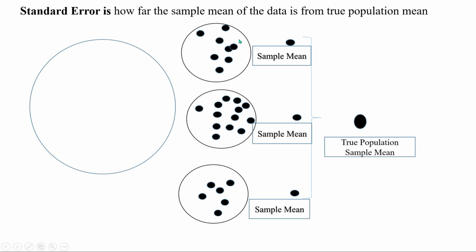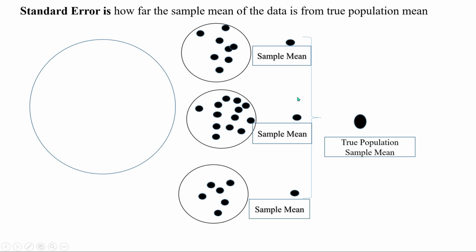That means we divided the samples into different groups, and from the different groups we calculate each sample mean. This is the sample mean of group 1, this is the sample mean of group 2, and this is the sample mean of group 3. From these sample means we can calculate another mean, that is the mean of the sample means.